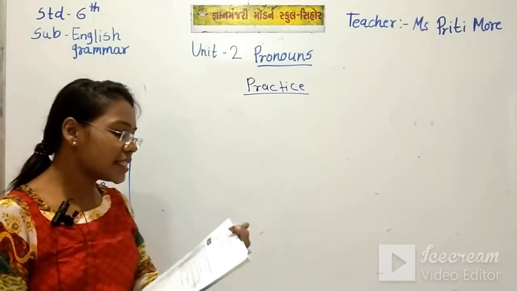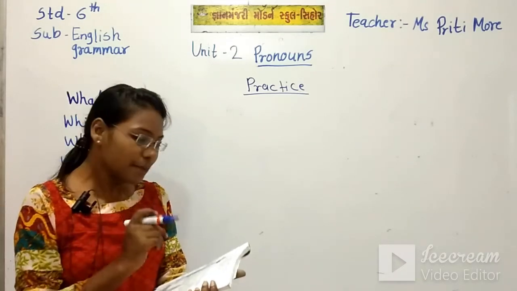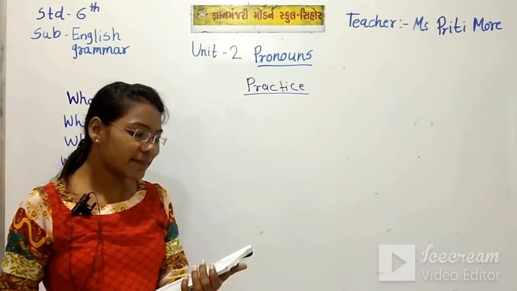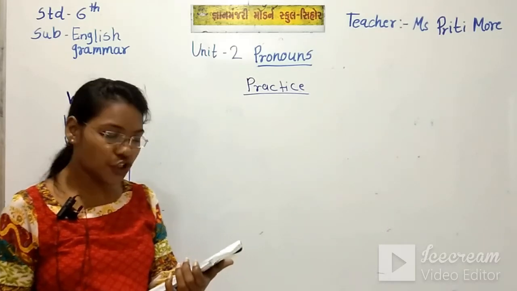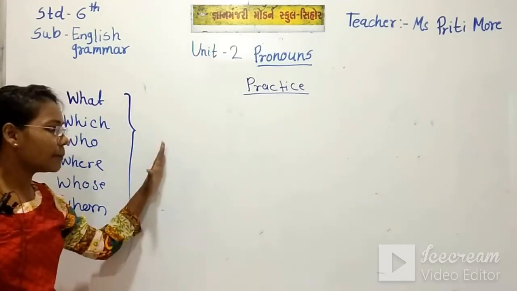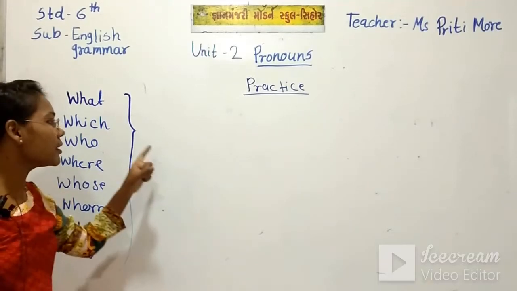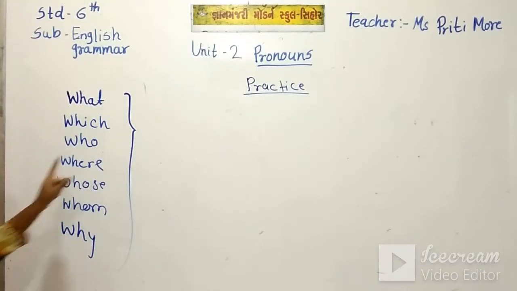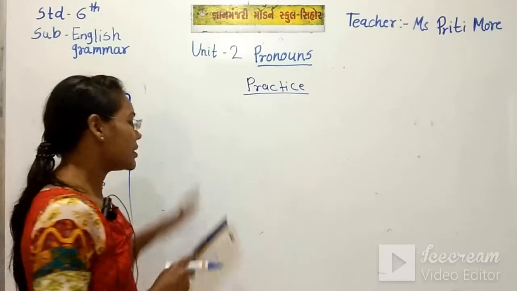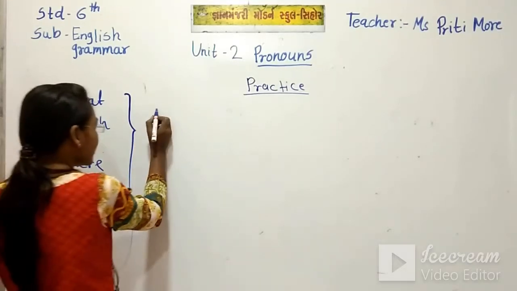Now what is the instruction given in exercise B? Complete the following questions with interrogative pronouns of your choice. Some sentences are there, but you have to put the proper WH word in the given blank space. So see, what is the first sentence?